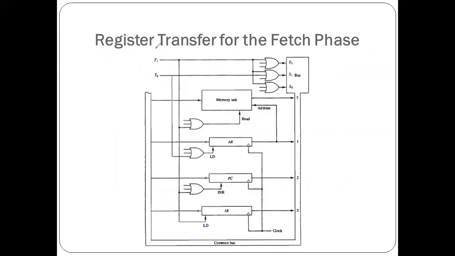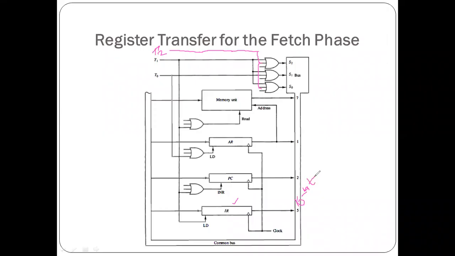In T2, it has to first select IR, so IR places its contents onto the common bus. To select IR, the select code should be 101, so T2 is connected to S2 and S0, but not to S1. This will select IR, and it places all 16 bits onto the common bus, since IR is 16-bit data.